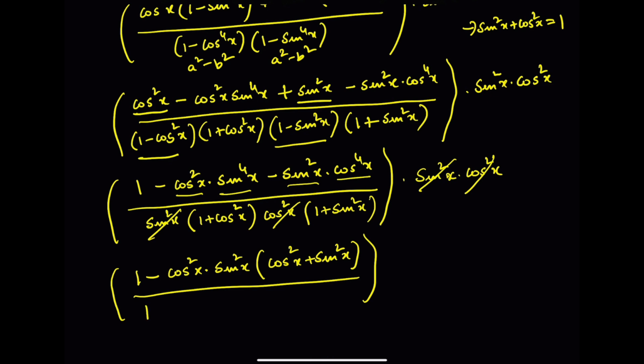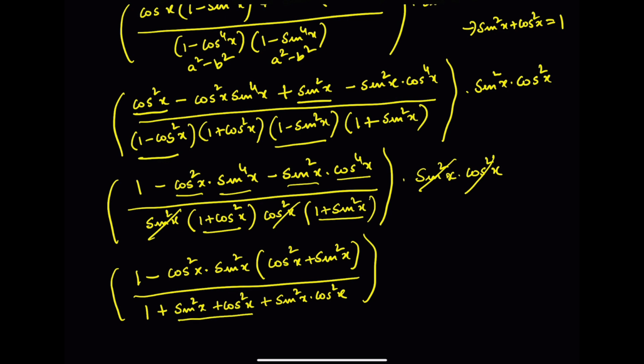We would get 1 plus sin square x, then plus cos square x plus sin square x cos square x. I just multiplied these two together.